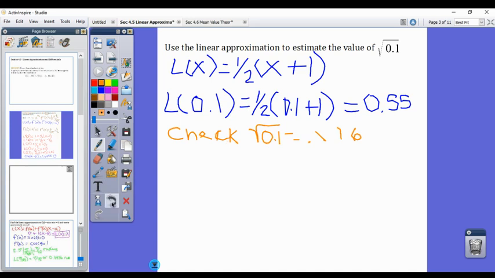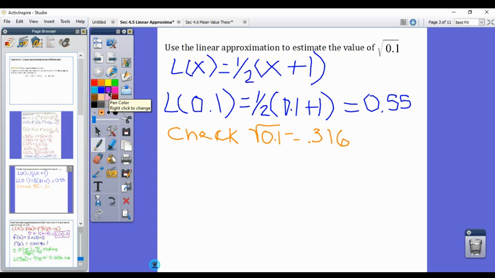Oh, that was really bad. Okay, so obviously these two numbers are close to each other, but they're not close enough that I would bet my money on that.